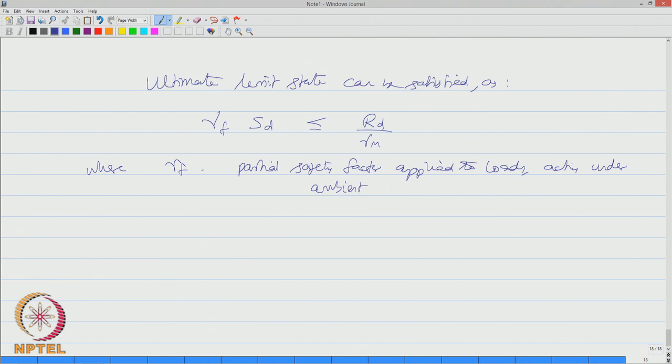Please note this, and gamma m is the partial safety factor applied to material strength assessed at ambient temperature.